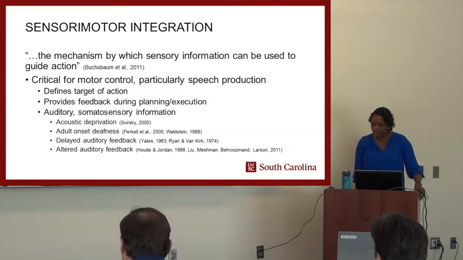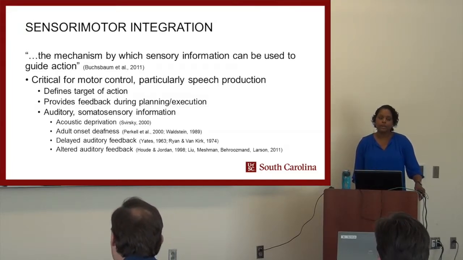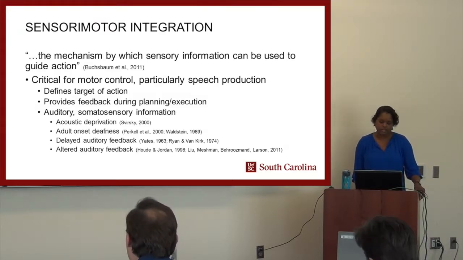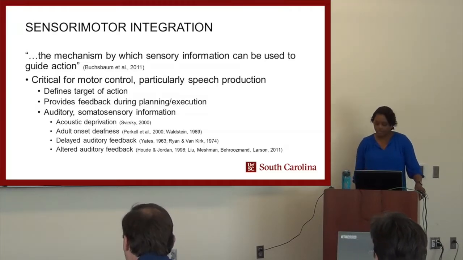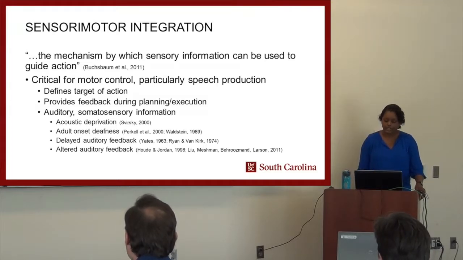In normal controls, we see an increase in disfluencies when they're provided with delayed feedback, but in individuals who stutter, we actually see that decrease. I'll talk more about altered auditory feedback a little bit later, but given altered feedback, normal controls tend to compensate in the opposite direction of the shift.